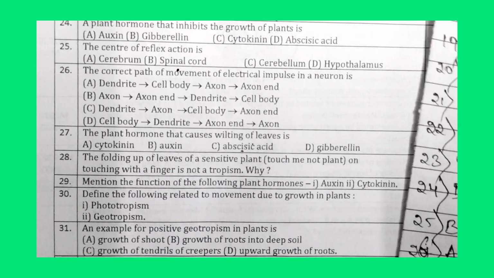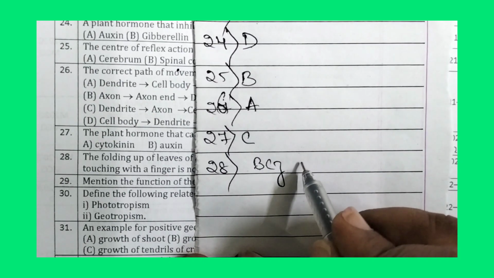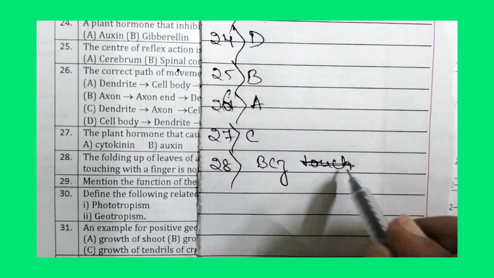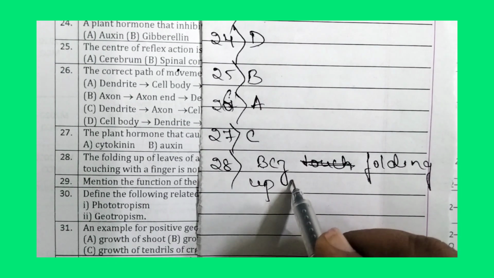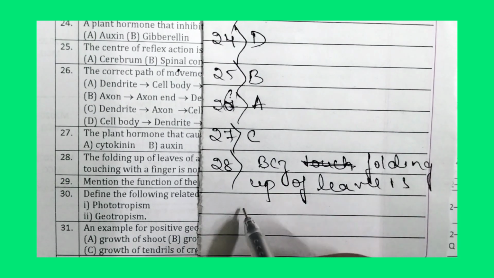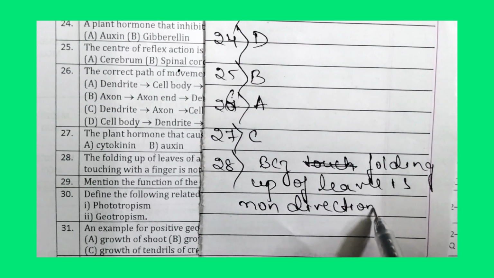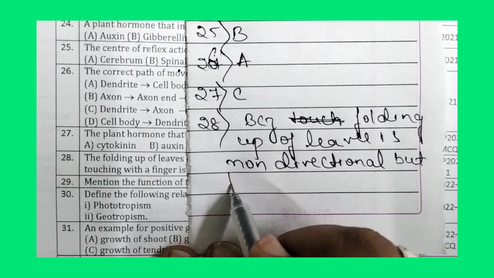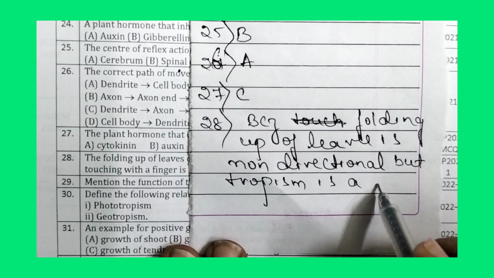Because the folding up of leaves on touching is non-directional, but tropism is a directional movement.